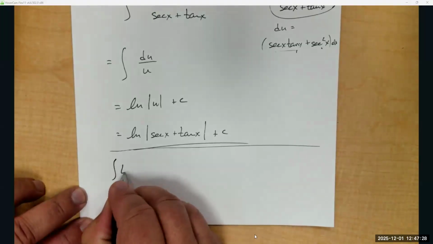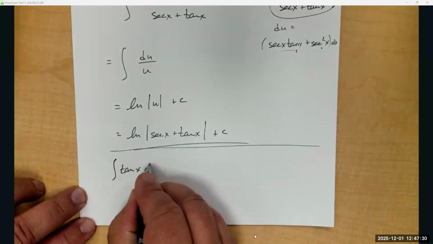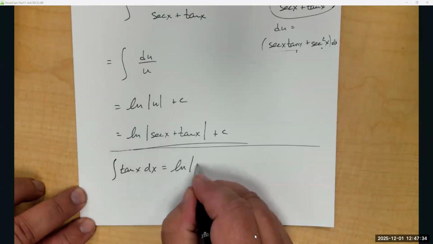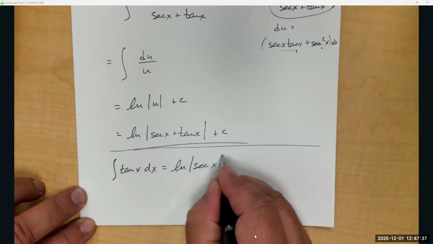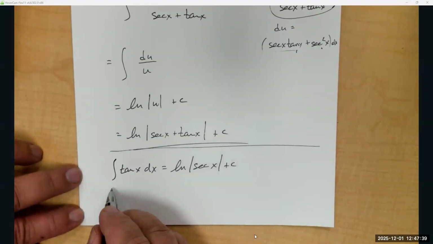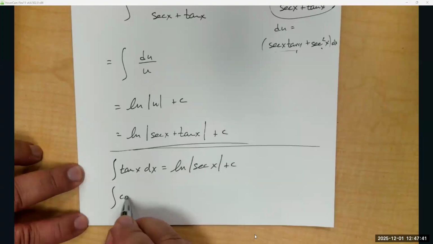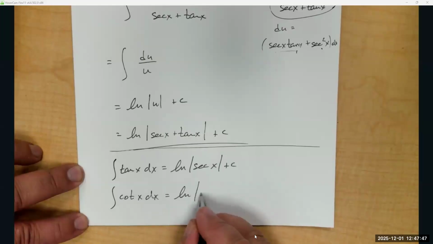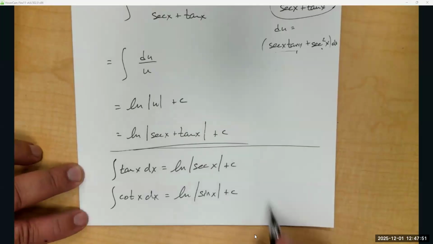The integral of tangent x dx is equal to the ln of secant x plus c. The integral of cotangent x dx is the ln of sine x plus c.